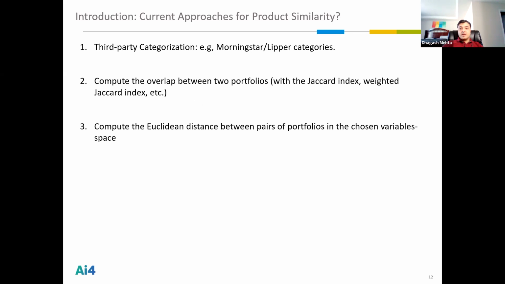The third option might be to compute not the Jaccard index or weighted Jaccard index, but the Euclidean distance. So in this particular world, you are defining similarity of two mutual funds by computing the Euclidean distance between these two mutual funds.